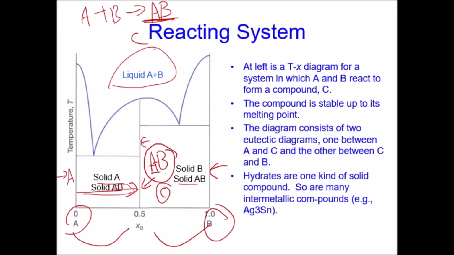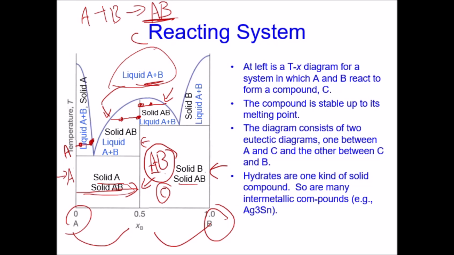Any point here is solid A and the solution of A and B. Any point here, you see again a liquid mixture of AB with product AB. Similarly, any point here represents a liquid solution with product AB.